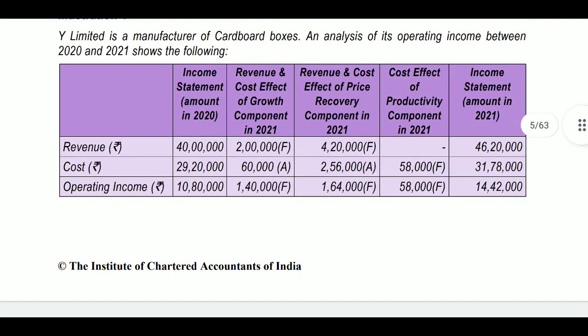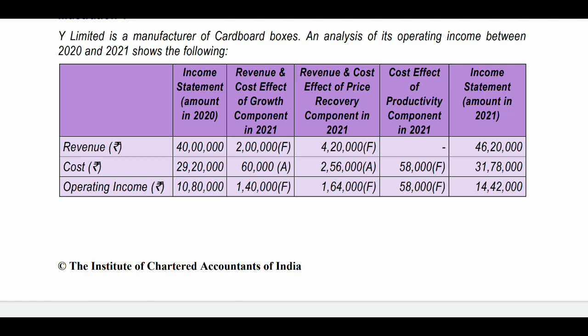Okay, revenue and cost effects were provided. Revenue and cost effect of price recovery component was provided. Cost of productivity component was provided. 3 items were provided. First we take the revenue and cost effect of growth components, that is, they provided 2 lakhs favorable and 2 lakhs favorable and 60,000 adverse.